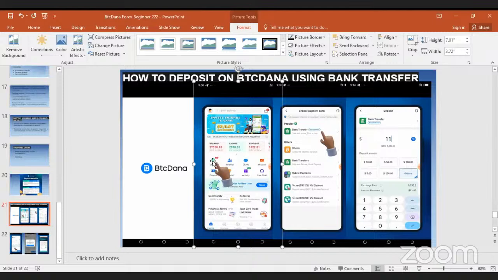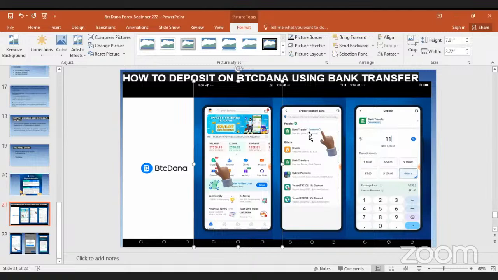After clicking on the deposit, it will take you straight to this page, where it will be showing you bank transfer. For Nigerians, this is for you. You transfer using your bank, using your digital bank.